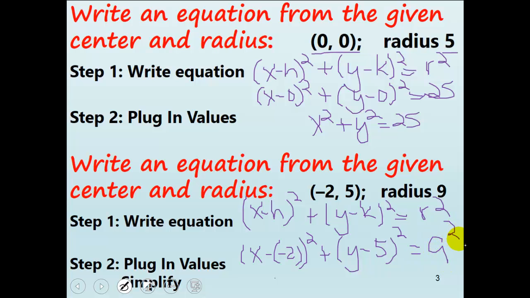And so now I just simplify. x plus 2 squared plus y minus 5 squared equals 81. This is plus because minus a negative becomes positive. That's why it's plus.